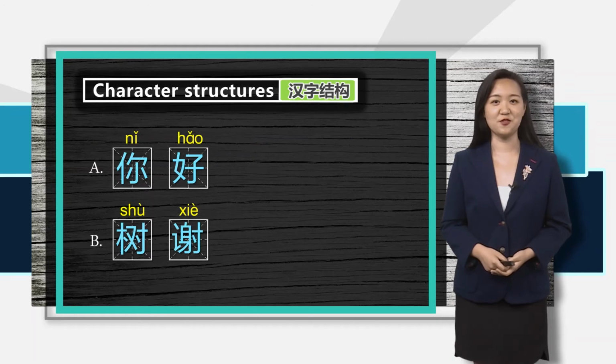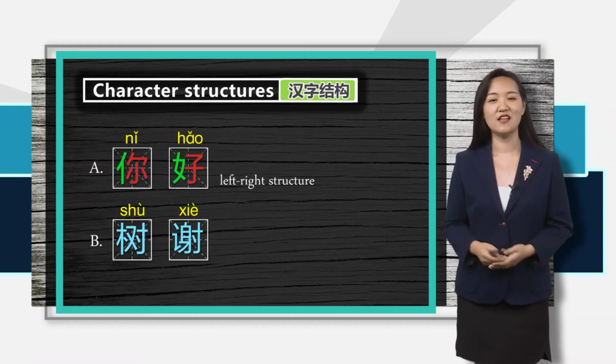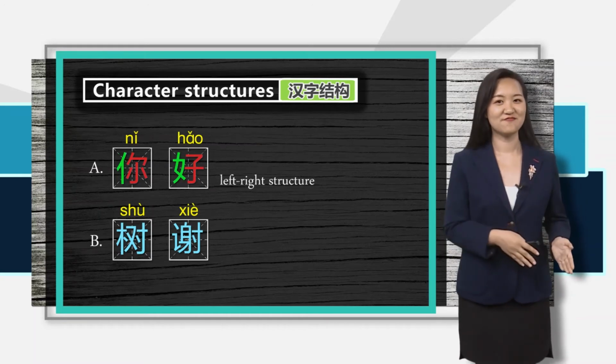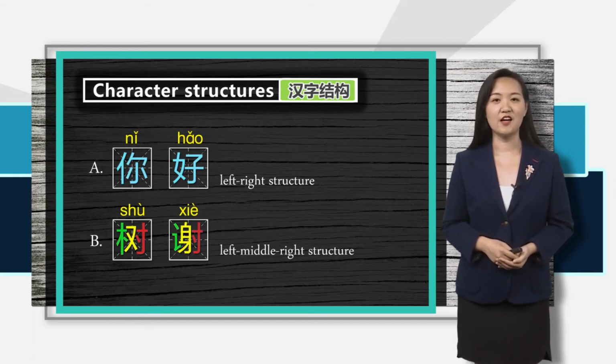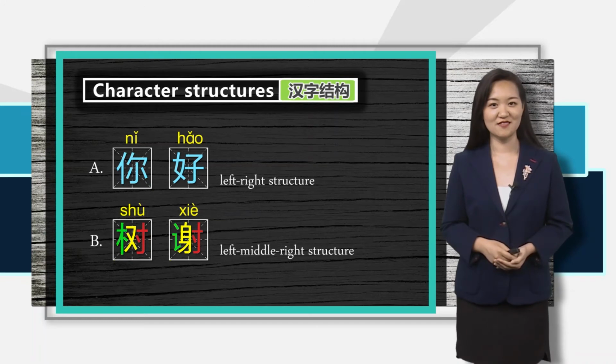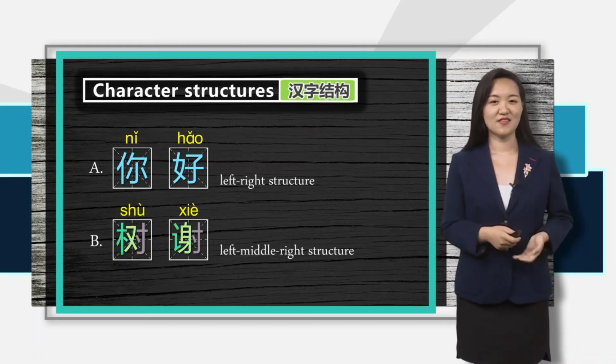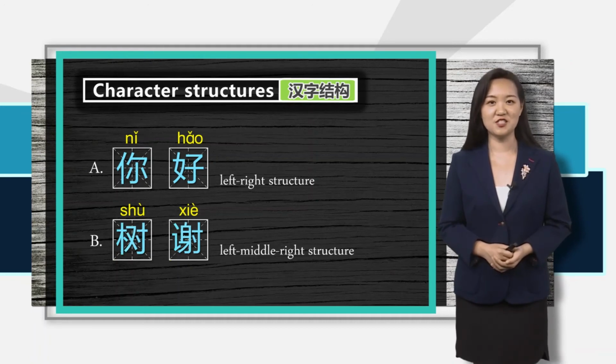In the first group, both 你 and 好 are formed by two parts, left and right. In the second group, both 树 and 谢 are formed by three parts, left, middle, and right. These two different structures are commonly applied in Chinese characters.